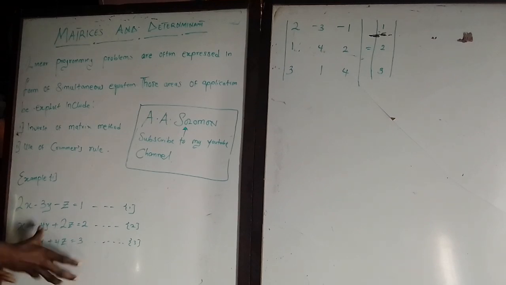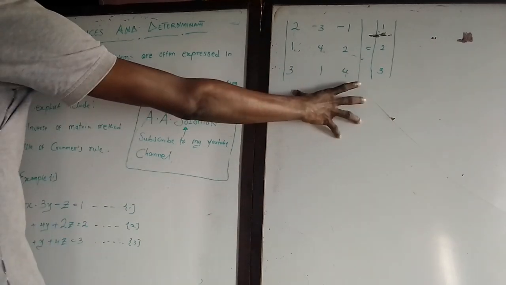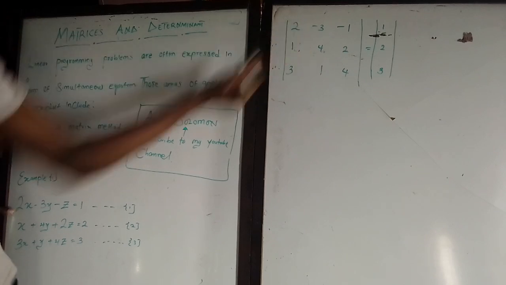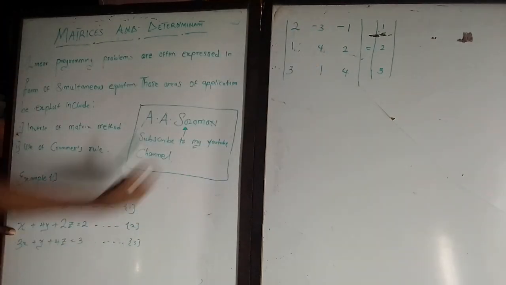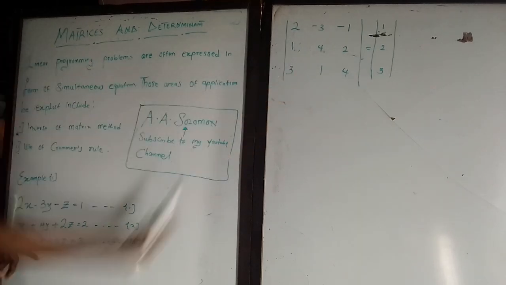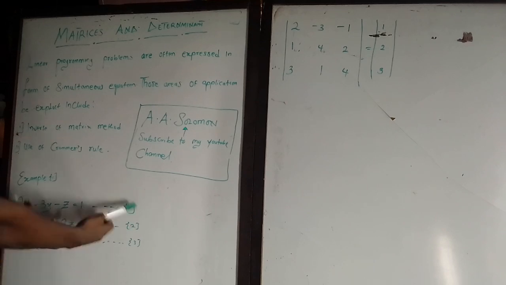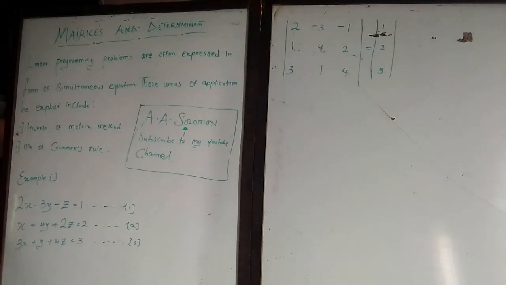I translate these 3 equations to matrix form. This is 2, this is minus 3, this is minus 1, this is 1, and this is 4, and we have 2, 3, 1, and 4. Then in the equals to, we have 1, 2, and 3.